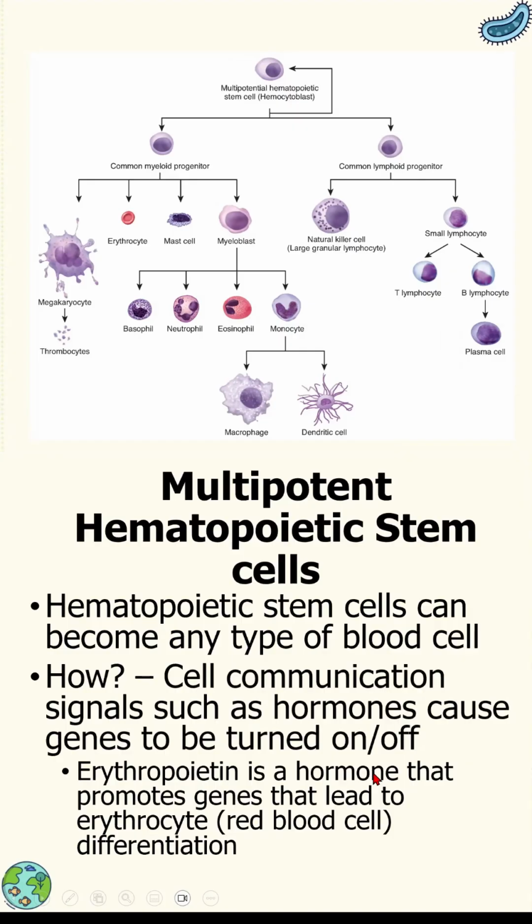This hormone will go to these multipotent stem cells, which, by the way, are found in the bone marrow. And they're going to turn on genes that would promote the stem cell to go into the common myeloid progenitor cell, which then eventually becomes the erythrocyte. And so these genes are being triggered so that the cell goes through this specific type of differentiation.